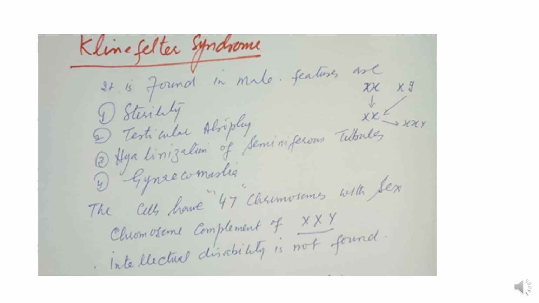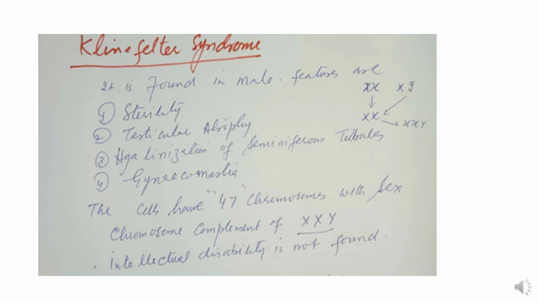The usual cause is that the XX fail to separate, and when combined with Y they become double X, Y. Double X means more female characters are there, and testicular atrophy is present, and these are non-functioning testes.